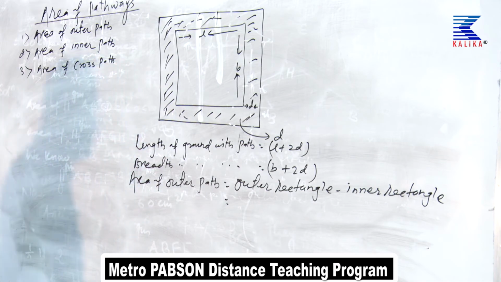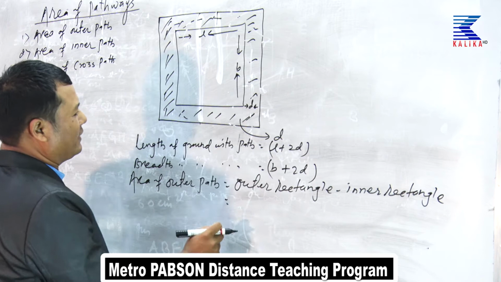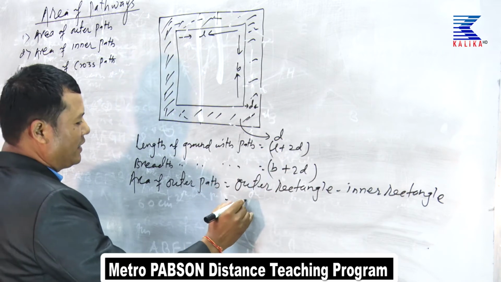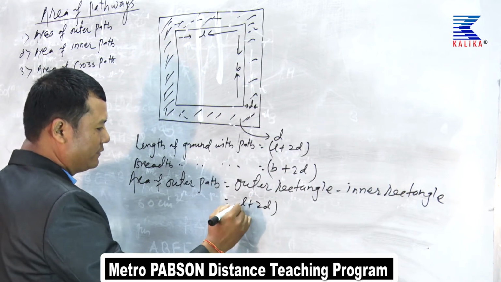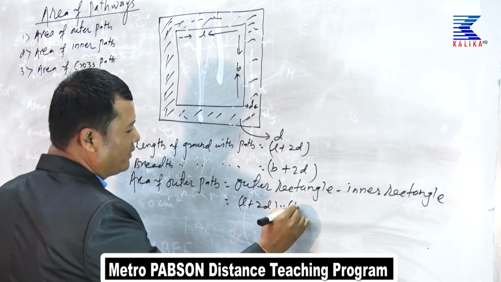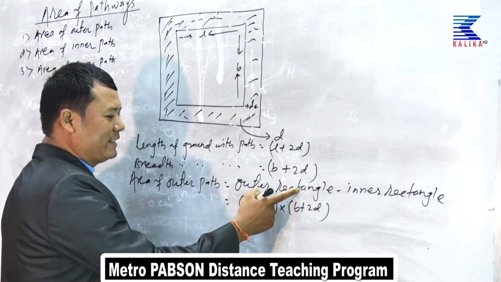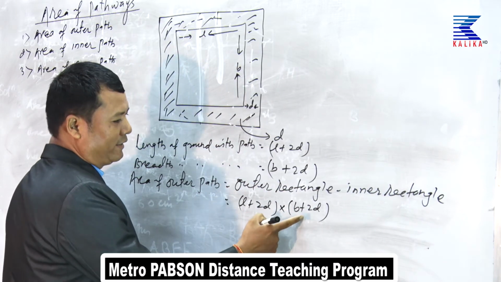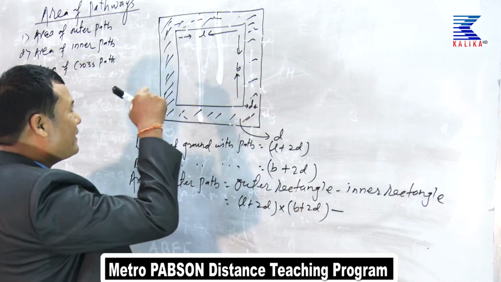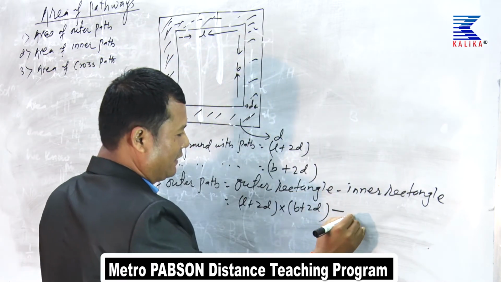Outer rectangle means length into breadth. What is its length? L plus 2D into breadth B plus 2D. Outer rectangle is length into breadth minus inner rectangle is length into breadth.